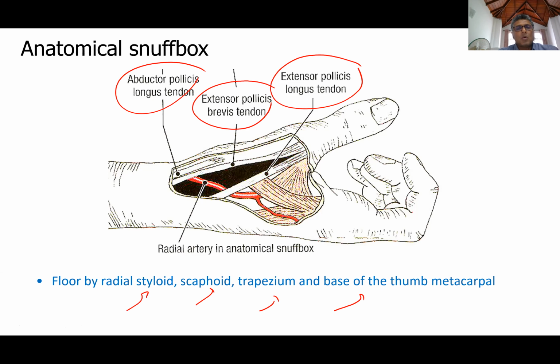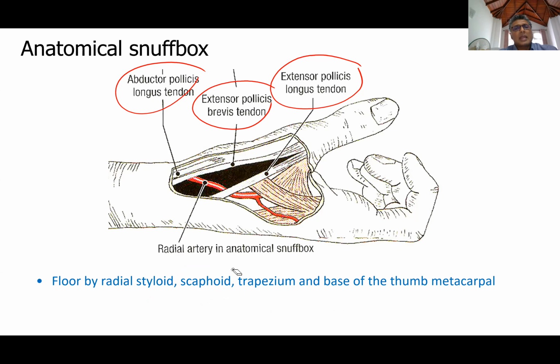There are 4 bony points. Since the scaphoid is there, when you get scaphoid fracture, if you press the anatomical snuff box here, you get tenderness. Scaphoid tenderness can be detected there because it forms one of the bones that form the floor.